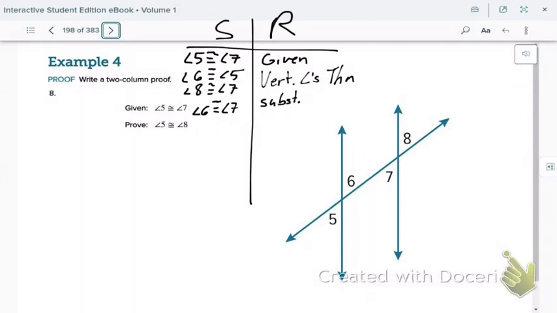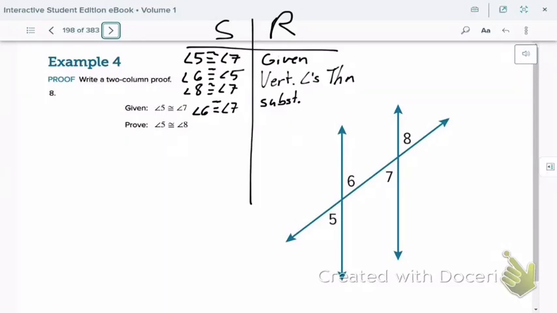Yeah, we're trying to get that 5 and 8 are congruent. We haven't quite got there yet. What else do we know? 5 and 8. 5 and 8 are congruent? I mean, we will eventually get there.